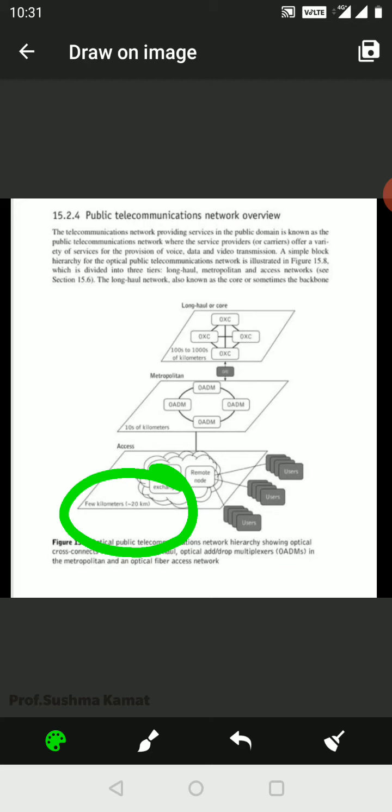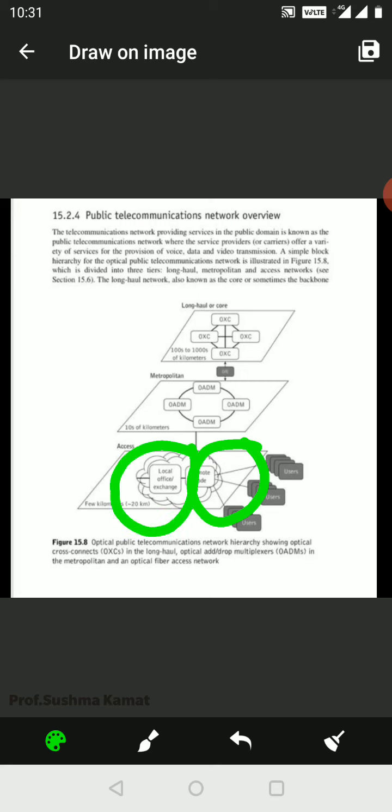In this case, there will be a branching node which is called the remote node or RN. Here in this picture you can see there is something called RN, which is connected to the local office exchange. So RN is interconnected to the users with the local office or the telephone exchange.